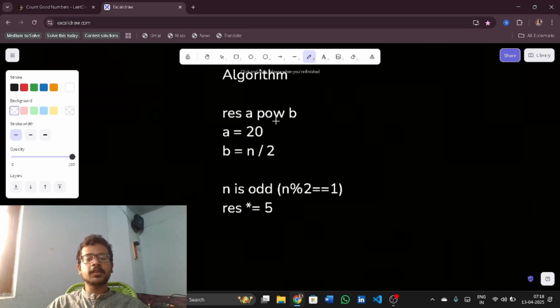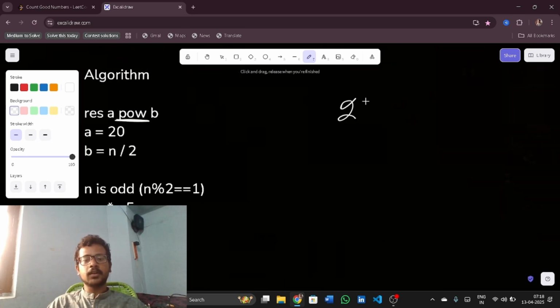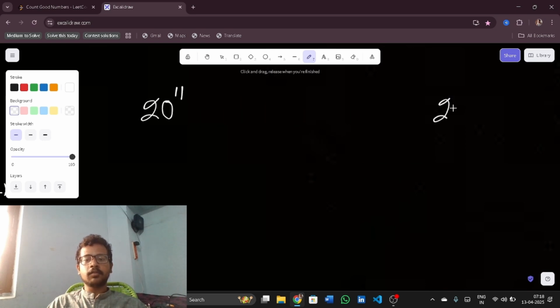So here comes the question, how can we compute power? Let us say we have 20 power 11 and 20 power 4. How can you write this 20 power 11? I can write 20 power 11 as 20 power 5 into 20 power 5 into 20.